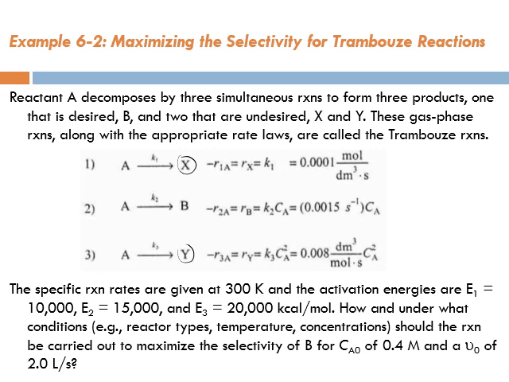How and under what conditions, meaning the reactor types, temperature, and concentrations, should the reaction be carried out to maximize the selectivity of B for a given value of CA0, which is 0.4 molar, and a given value of epsilon naught of 2 liter per second.